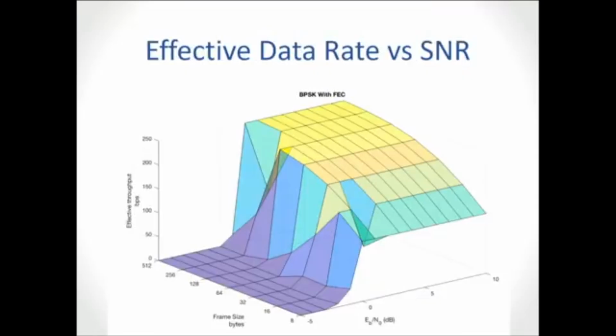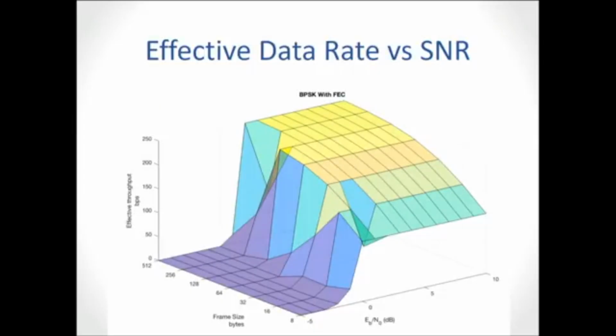And so using this messaging protocol, we ran a bunch of simulations to try to estimate the effective data rate based on prevailing noise conditions. So the y-axis here shows the effective throughput, by which we mean the actual number of useful data bits that get through after throwing away the headers and overhead and error correction and accounting for any retransmitted frames.